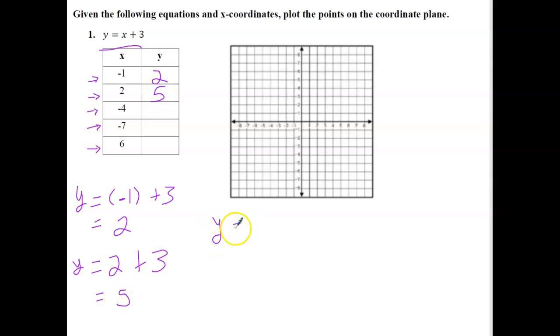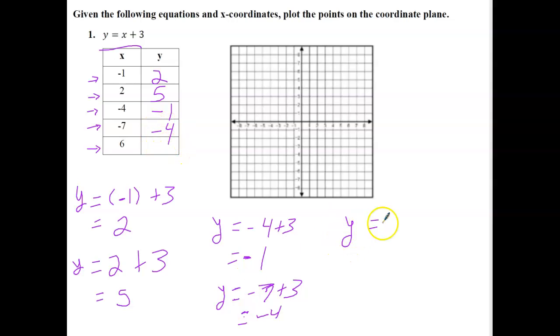Next, we're going to plug in -4 plus 3, which gives us -1. So again, we're just plugging in these values over and over again. So we're going to plug in -7, and when we do that, we get -4. And lastly, we're going to plug in 6, and when we do that, we get 9.